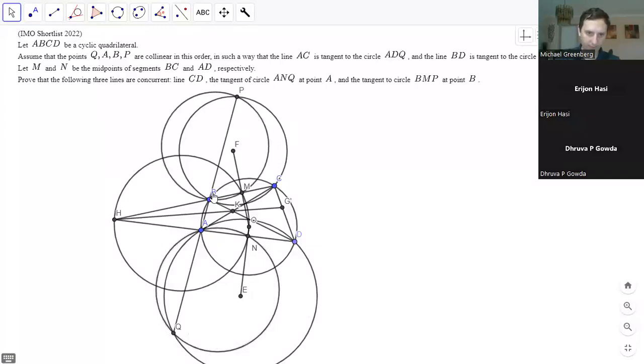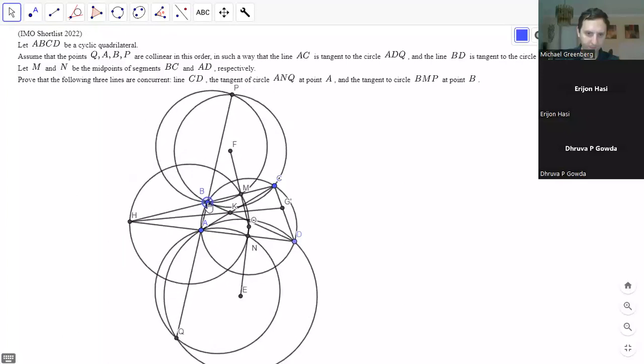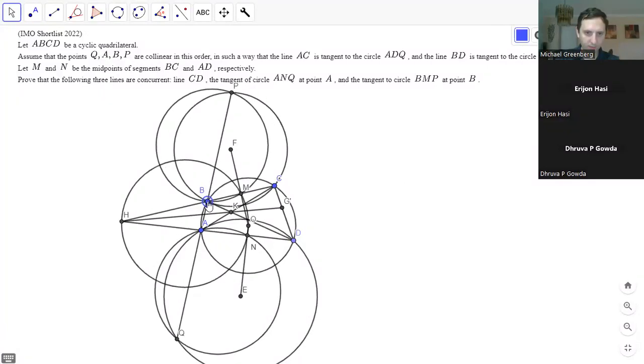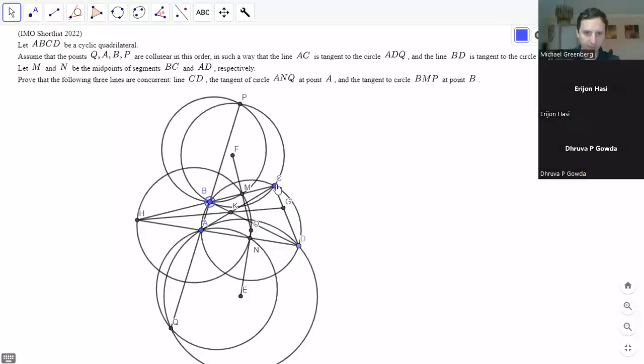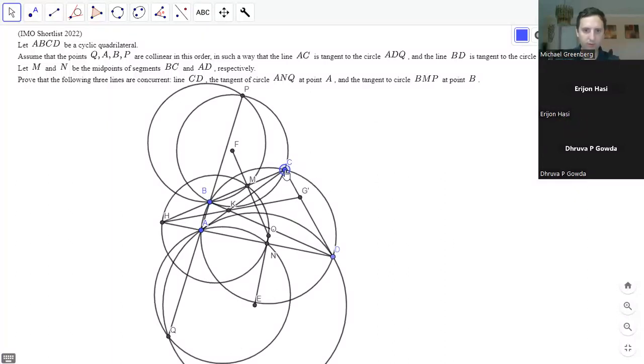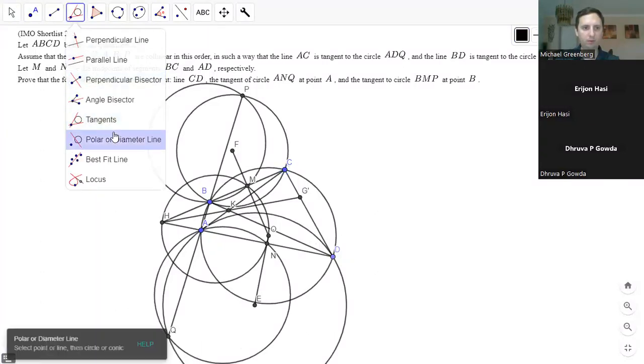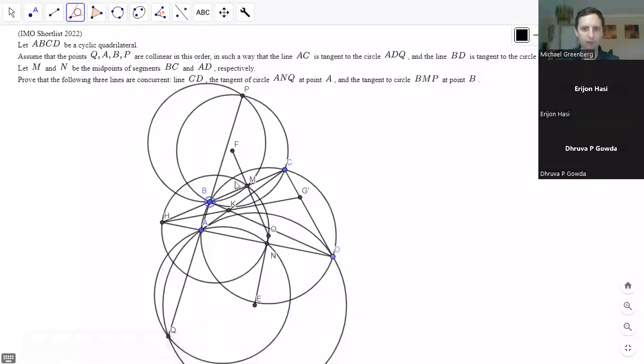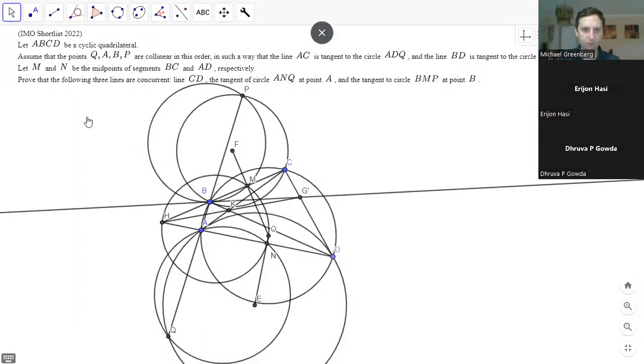So I think that's a good way to do it. And let me just make 100% sure that that's actually true, because I don't know if that is true. I think it is, though. So the tangent from B to BMP looks pretty true.